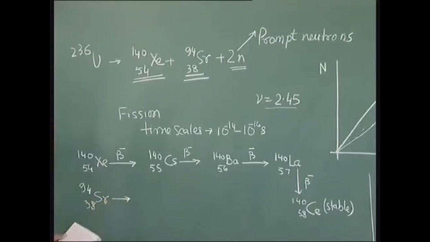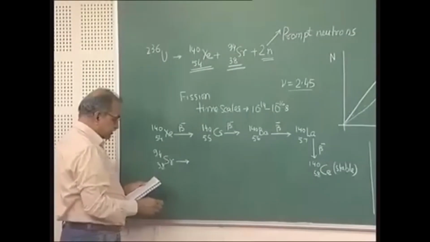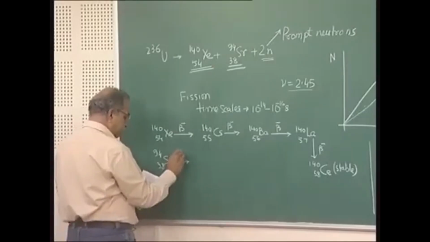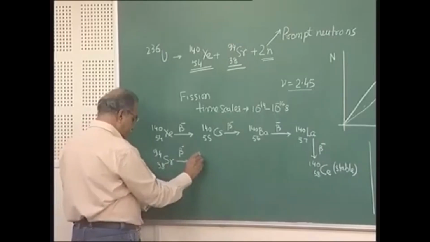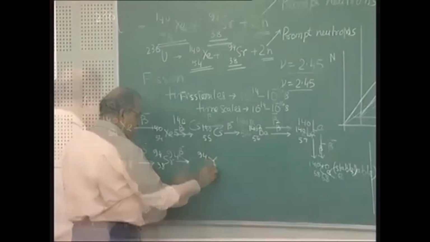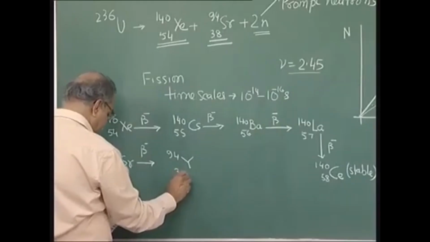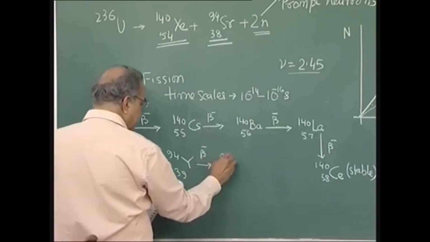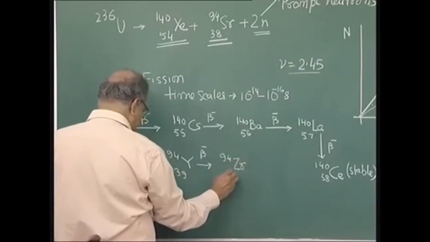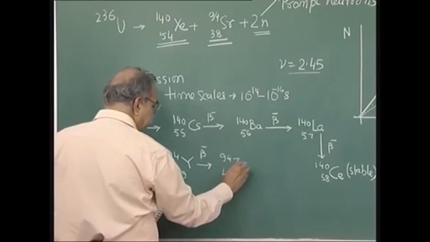This also has excess neutrons. So, this beta decays to 94 Y yttrium, and that beta decays to 94 zirconium, and this is stable.